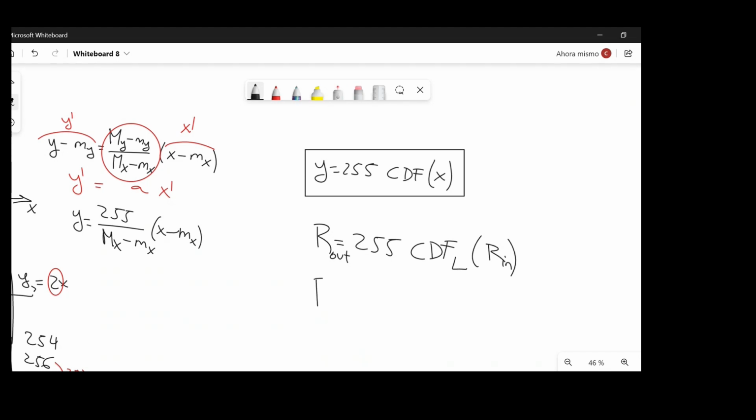And you can also do it according to its own CDF. So you can be very creative about how you transform your images. You can use the CDF of the red channel, or you can use the CDF of the luminance channel and apply it to the red channel.